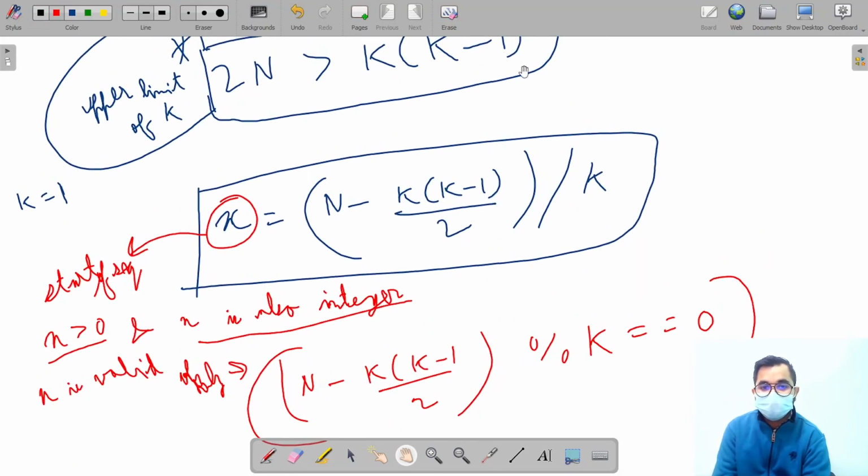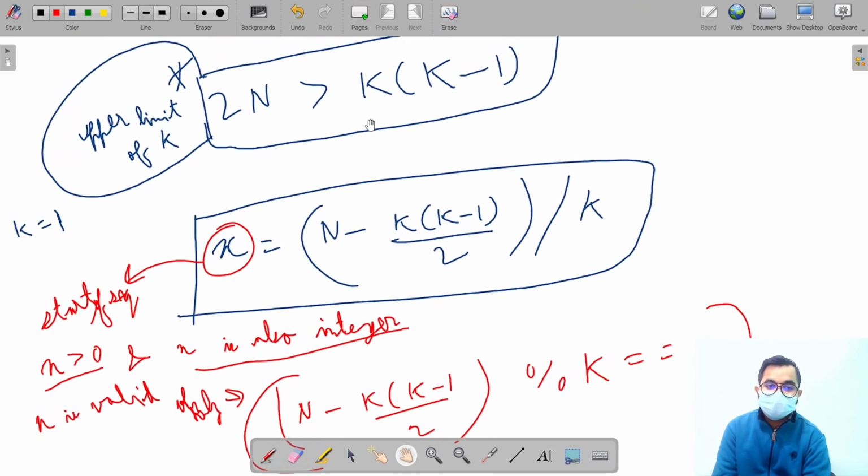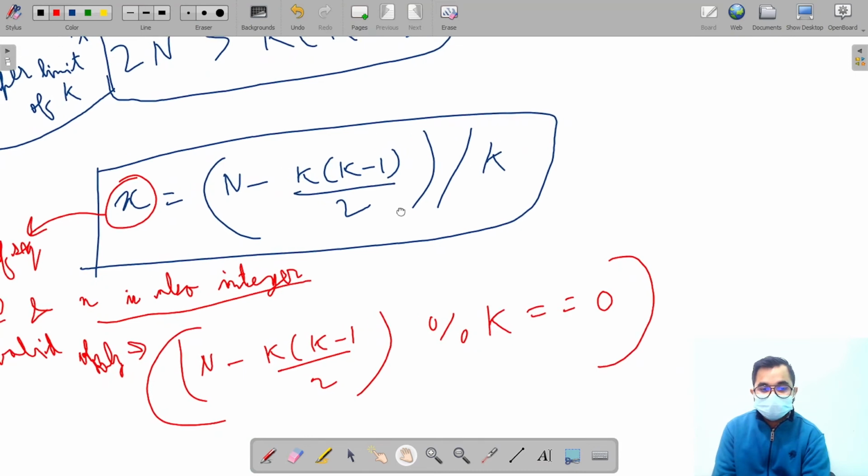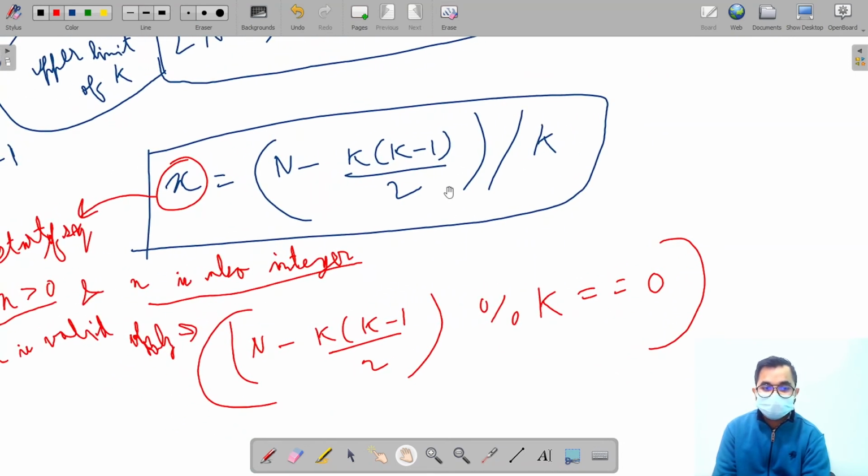This is for checking the upper limit, and this is my check for whether that number of elements k is going to create a sequence for which I can create a sum equal to n or not.